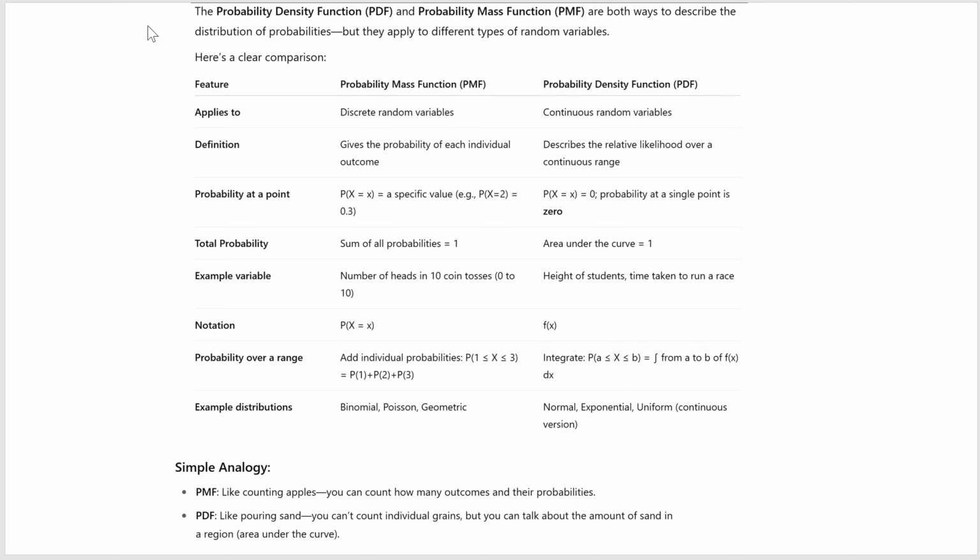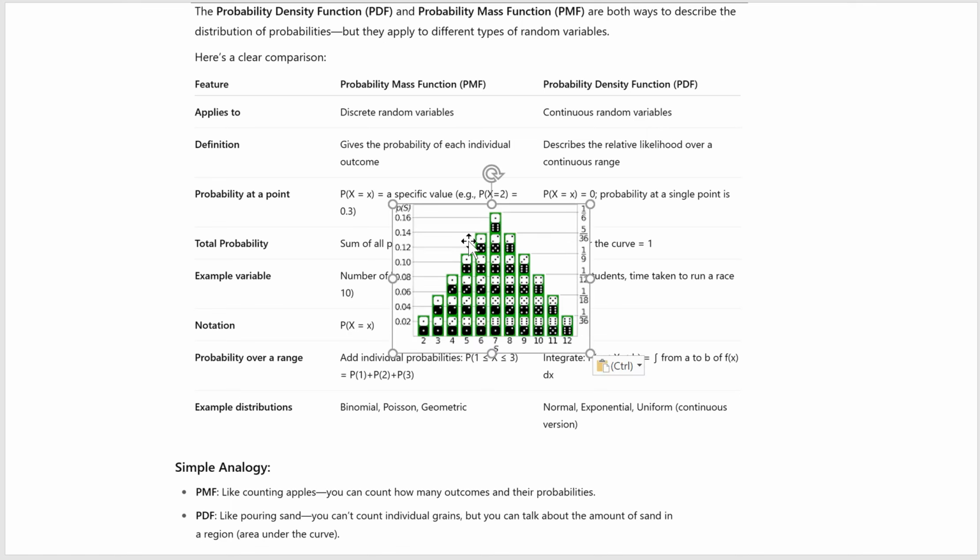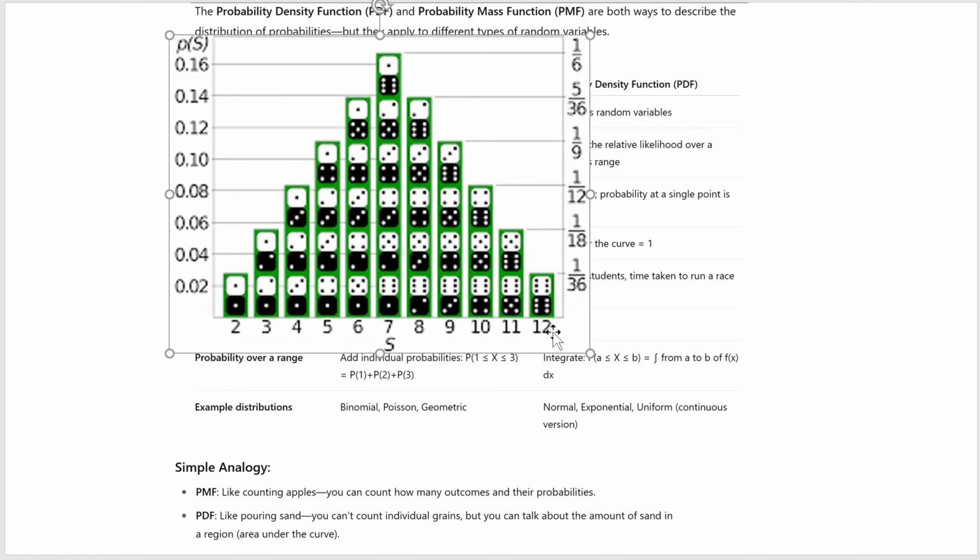So the distribution of the dice, let me see if I can find it. I can show it to you guys. Here we go. So you see this image?